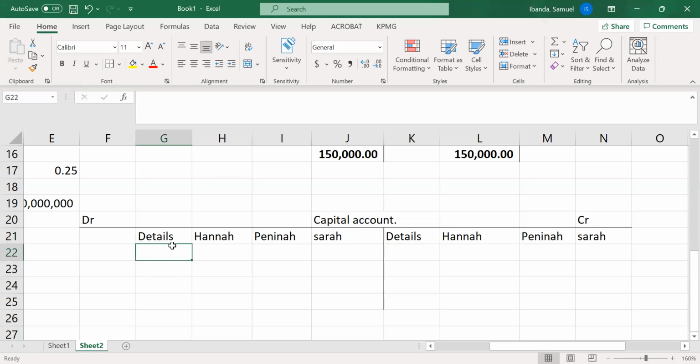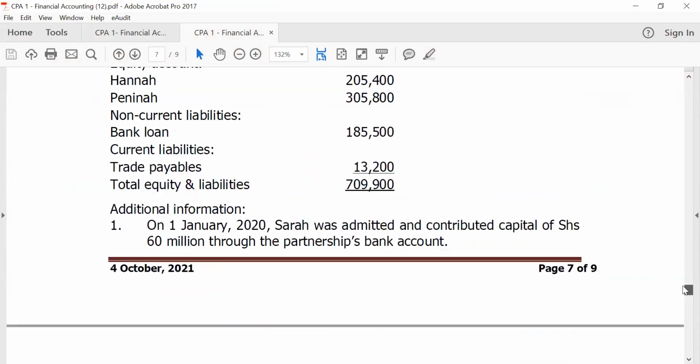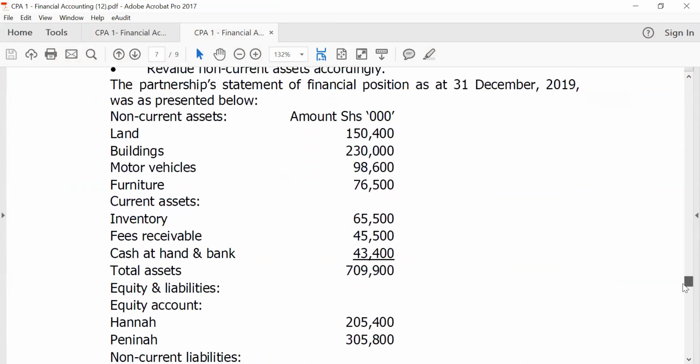All right, I was just trying to show you this when the internet dropped me off. So in this case, from the information they have given us, we are drawing up the capital account. The capital accounts they have given us are what we have in the balance sheet.